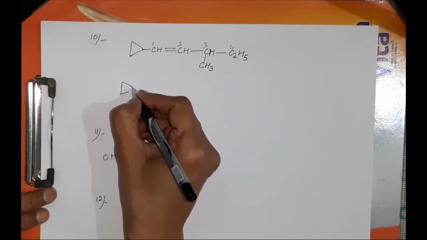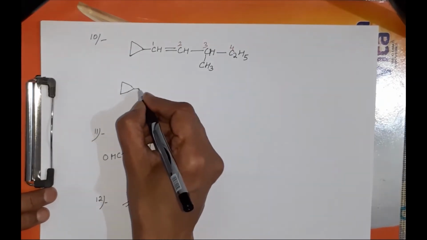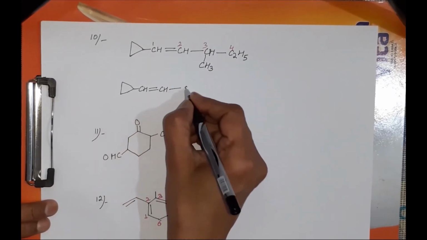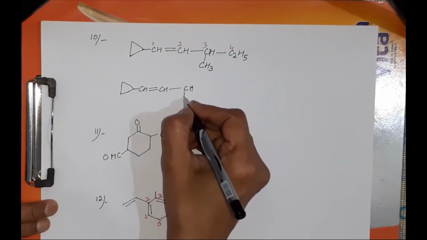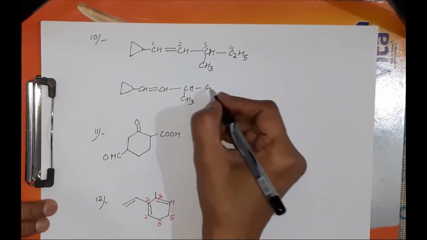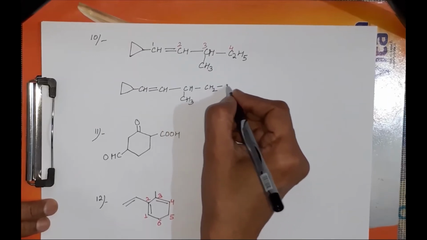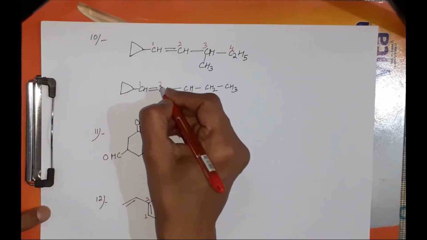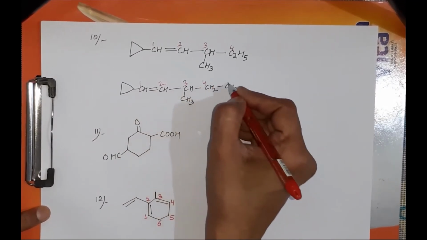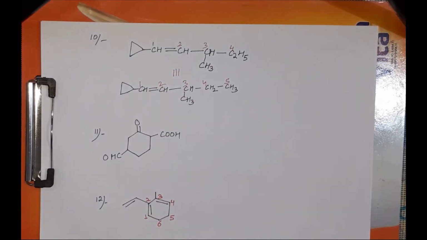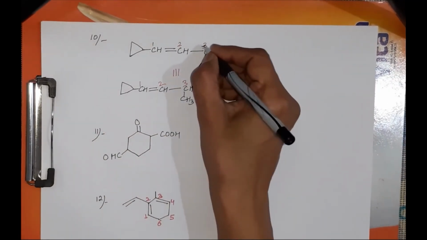Let me write. This C2H5 we can write like this: CH2, CH3. So now numbering 1, 2, 3, 4, 5. So this will be the numbering.